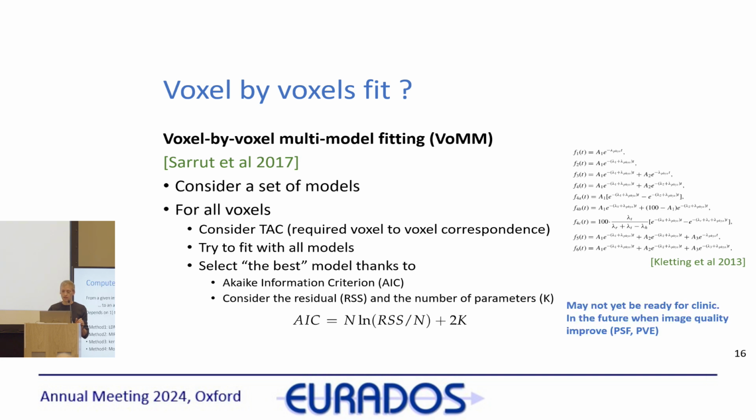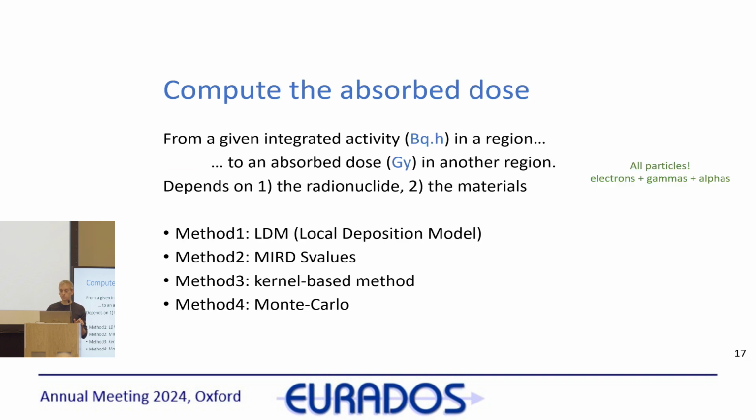Okay, now we have the integrated activity in becquerel hours, for example, in a region, and we need to go from this activity to the dose. And of course, it depends on the radionuclide, but also on the tissue of the patient. And we need to take into account all the particles that are emitted during the decay of the radionuclide. There are several methods to do that.